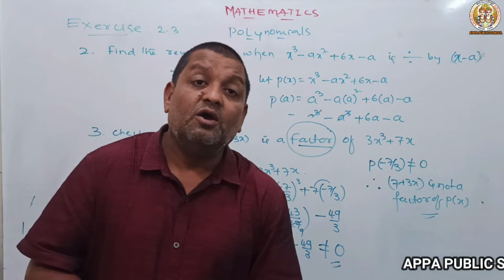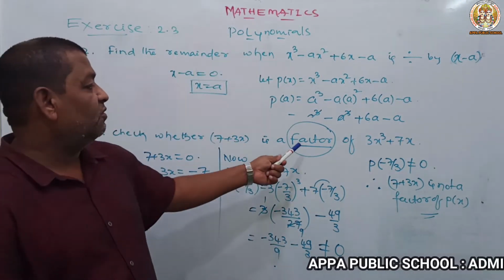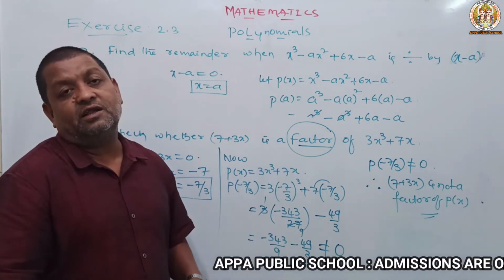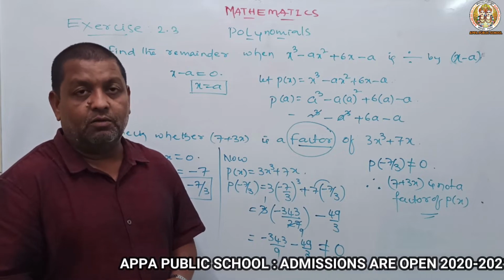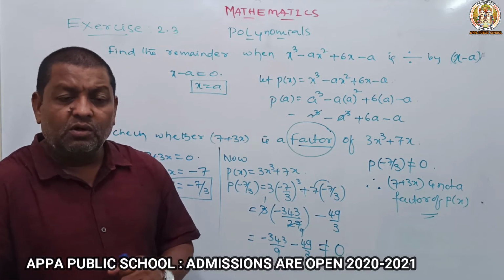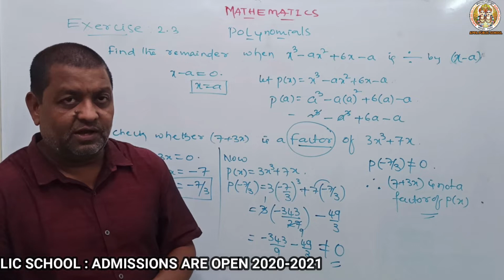So in this way we understood the meaning of factor, and we are now entering the factor theorem. The remainder theorem we know, and the factor theorem is a little ahead of that.